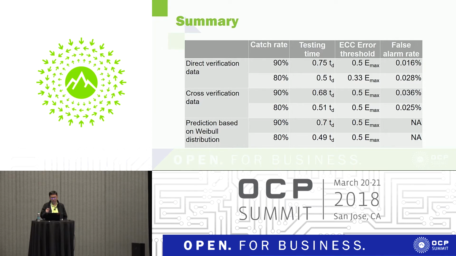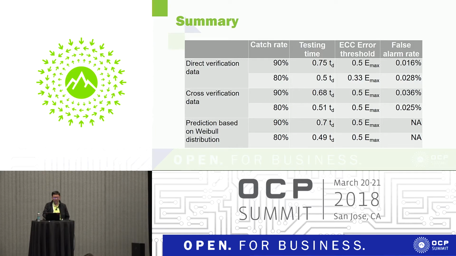Then you get a false alarm. Some good DRAM modules will be recognized as bad ones. At this time, it's around 0.16%. Okay, it's not so bad, right? Then for an 80% catch rate, 80% maybe is acceptable or not, it's up to the customer.